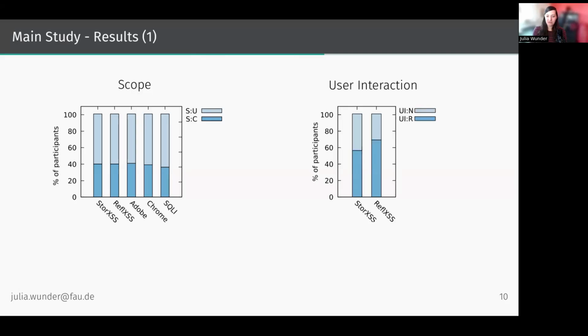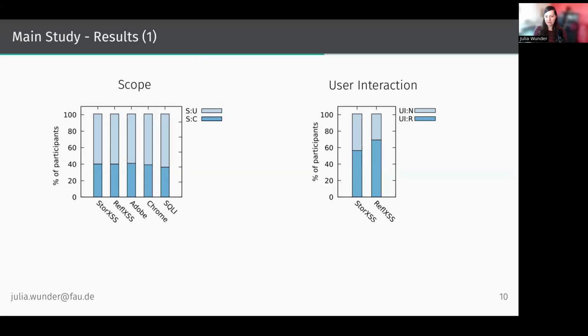Okay, now to user interaction. User interaction, as I said, implies whether a user has to be involved when exploiting a vulnerability or not. For reflected XSS, where the user actively has to click on a link, about 75% of the participants said that user action is required. Whereas for stored XSS, where the malicious script is stored within a website, it is much more ambiguous how to rate user interaction.